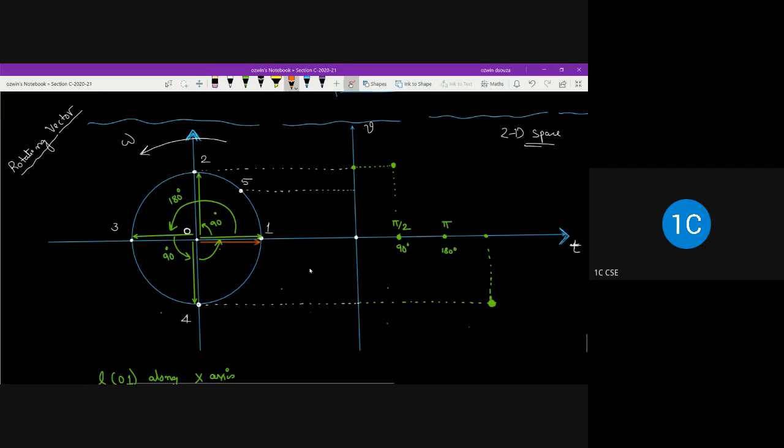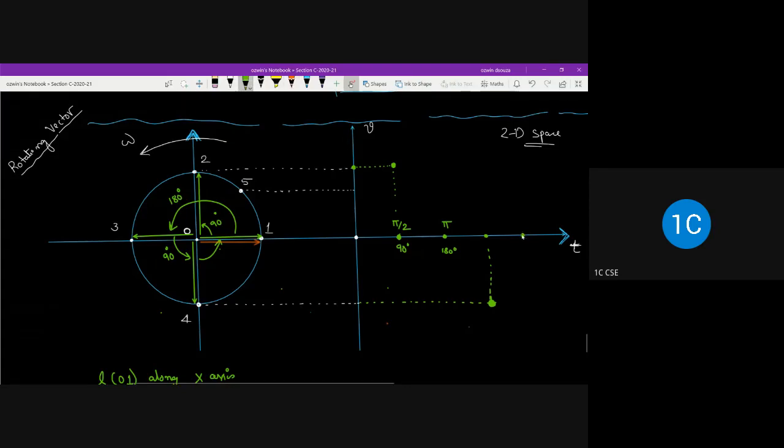Now at this position, what is the projection? Your y coordinate is going to be 0, but your x coordinate is going to be 360 degree. So 360 degree is somewhere here.